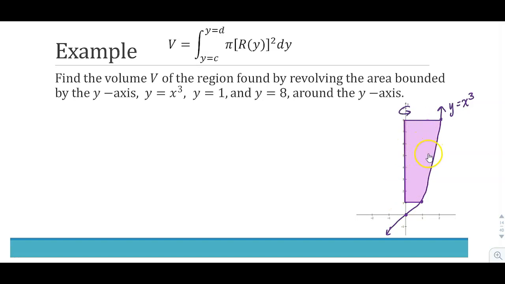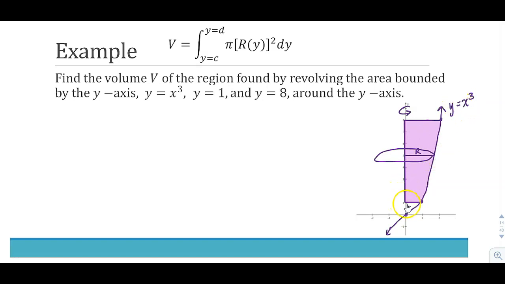So this time our cross sections are going to be perpendicular to the y-axis. So if I think about rotating this, I would have my cross section as a disk that is perpendicular to the y-axis. So here is the radius of my disk that extends from the y-axis to my function, y equals x cubed.